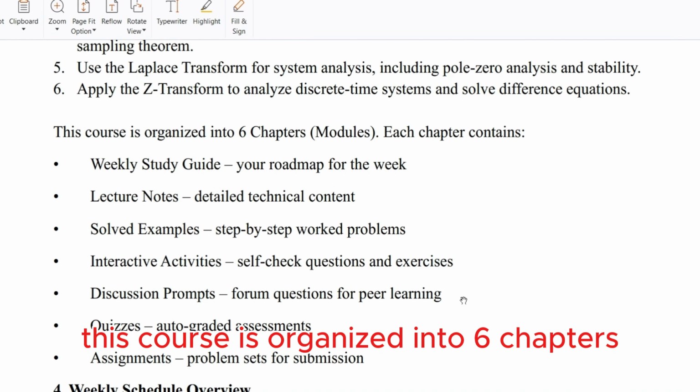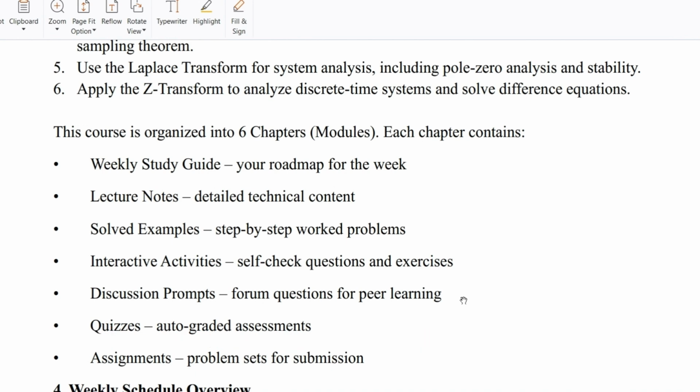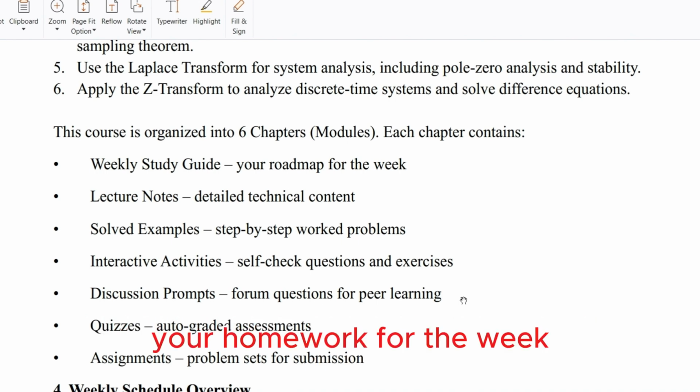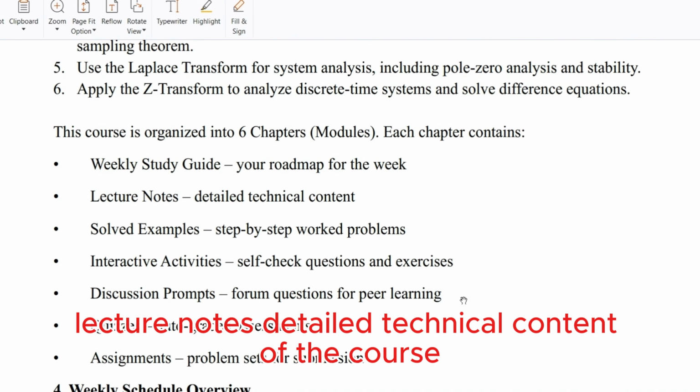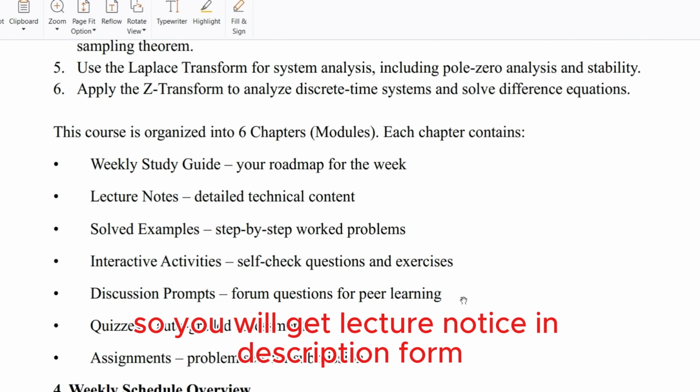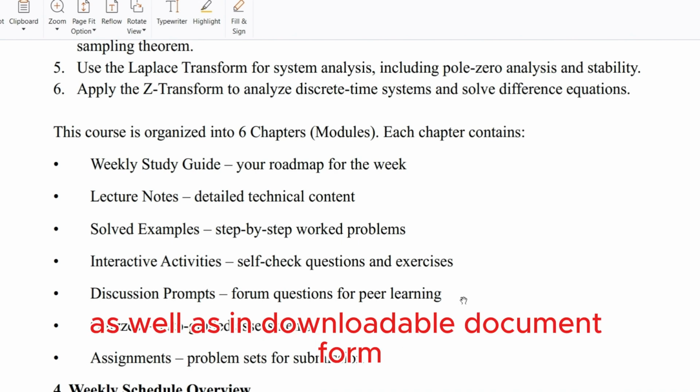This course is organized into 6 chapters. Each chapter contains a weekly study guide, your roadmap for the week, and lecture notes with the detailed technical content of the course. The lecture notes are incorporated for each chapter. You will get lecture notes in readable form on the platform as well as in downloadable document form.